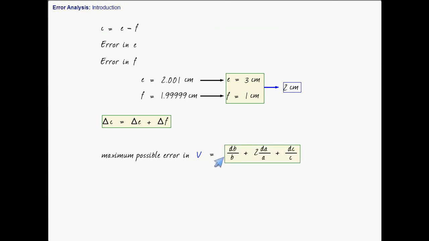Remember, in all your experiments, you must do the error analysis. Suppose somebody wants to obtain the time period of a simple pendulum, or measure the acceleration due to gravity with the help of a simple pendulum.